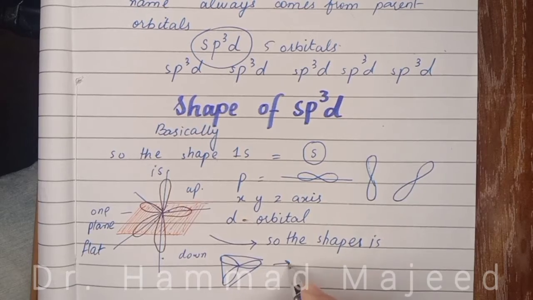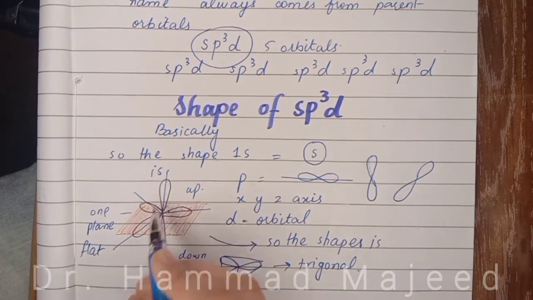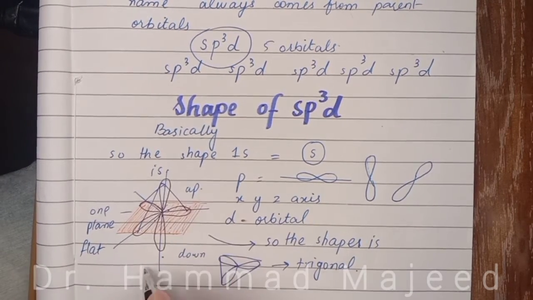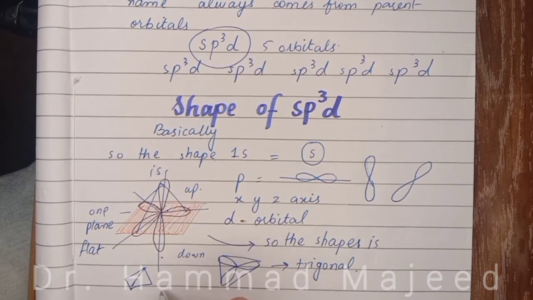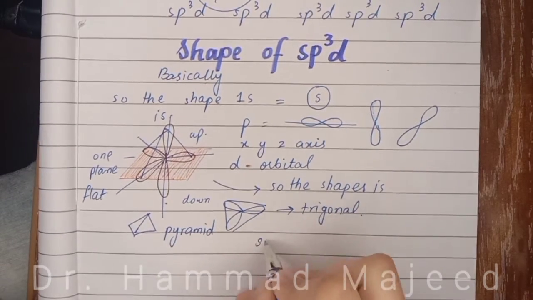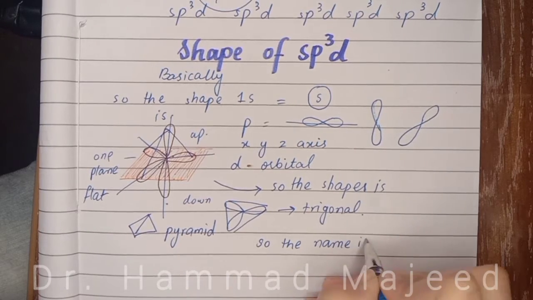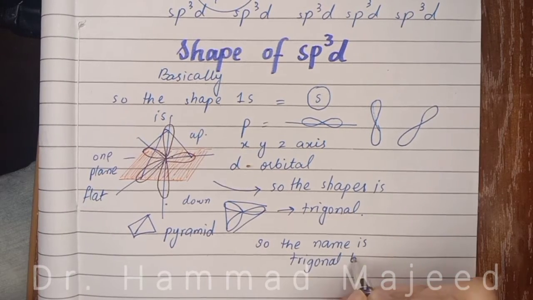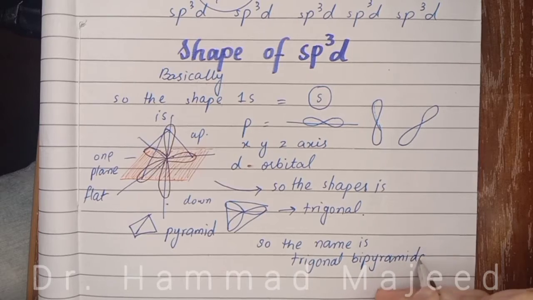So the name of this shape will be trigonal, and there is a pyramid on the upper side because of the upper hybridized orbital, and one on the lower side in the second plane. So the name will be trigonal bipyramidal.